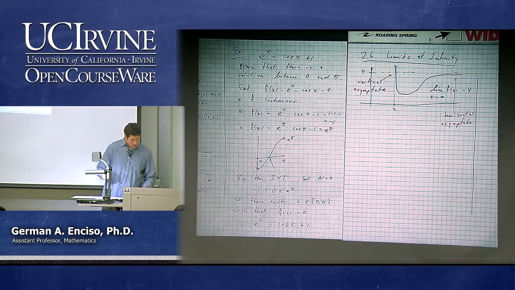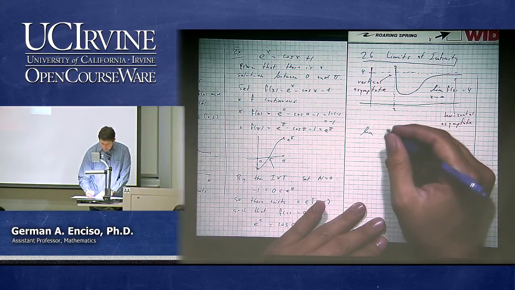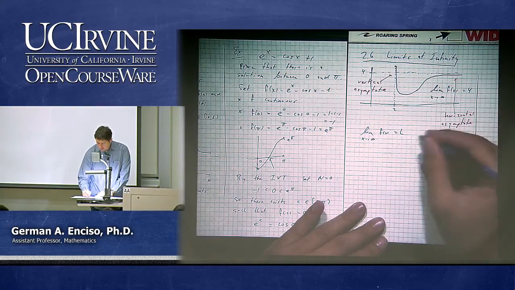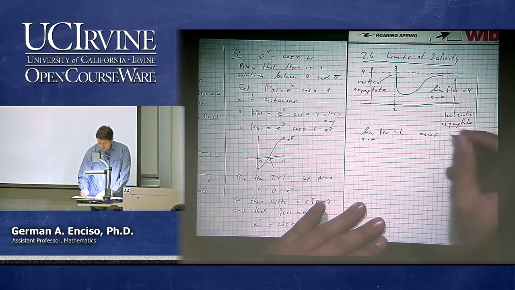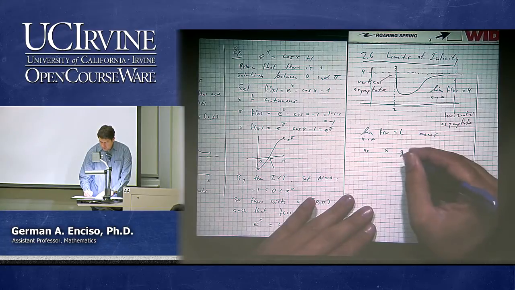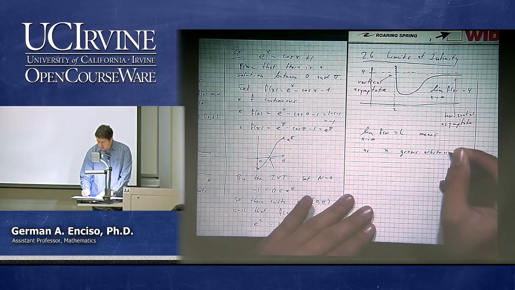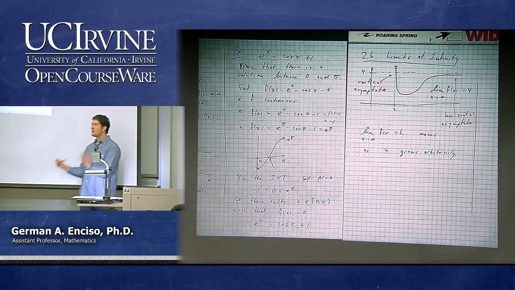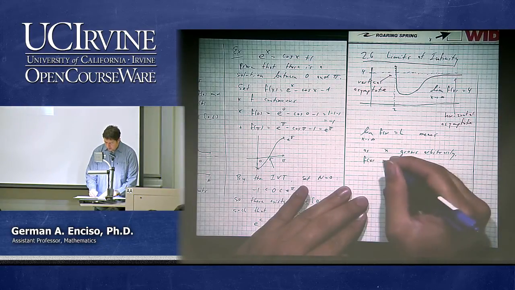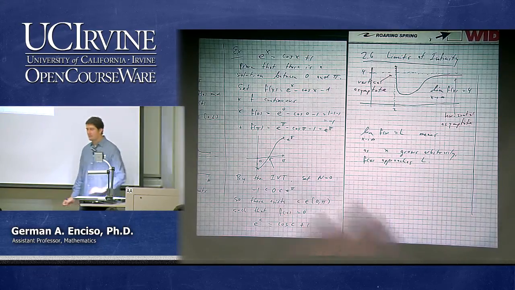And in general, I can write the limit of f of x when x goes to infinity is equal to L, which means that as x grows arbitrarily, so as x becomes 10, 100, 1,000, and so on and so forth, f of x approaches L.